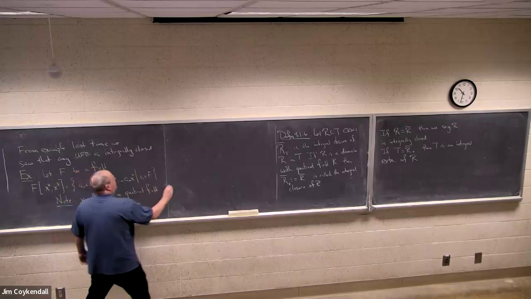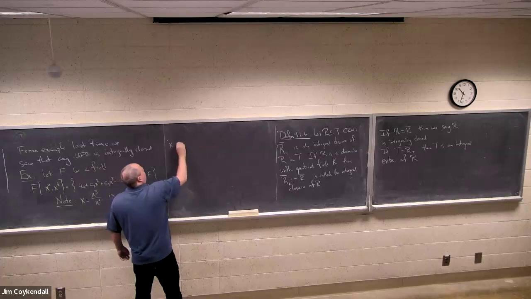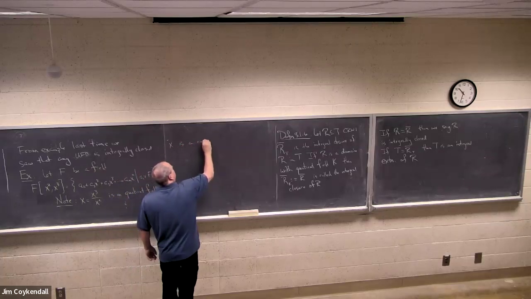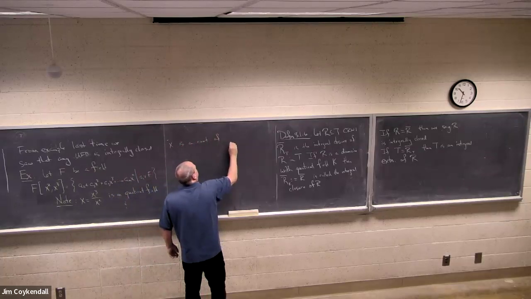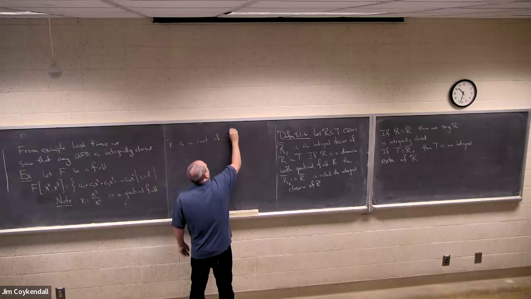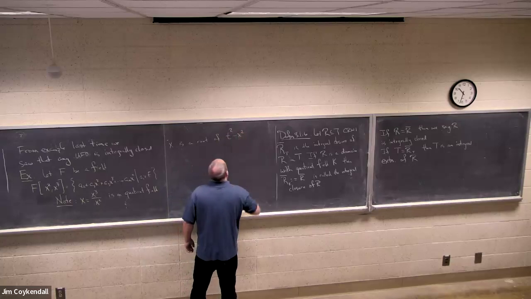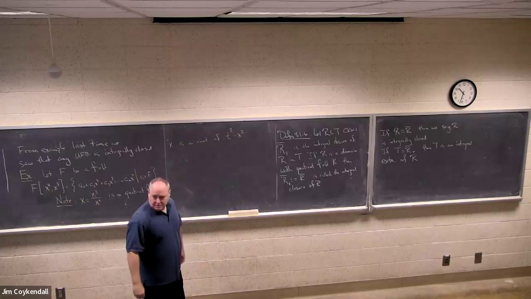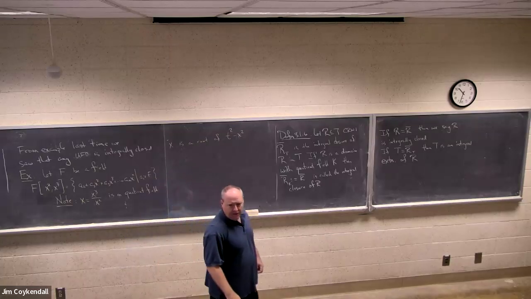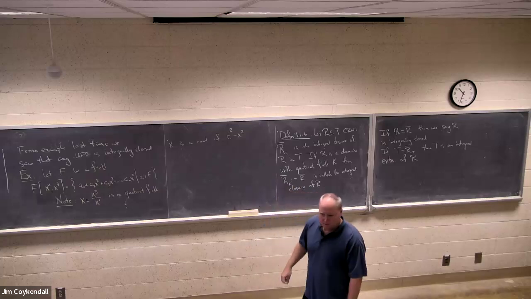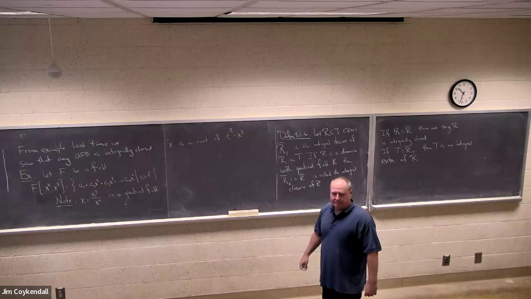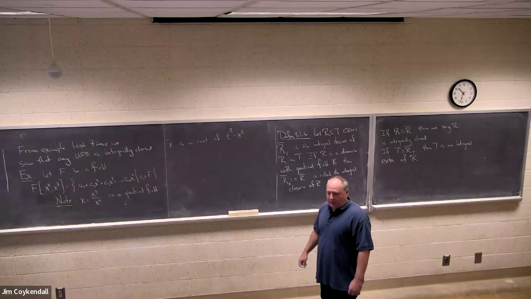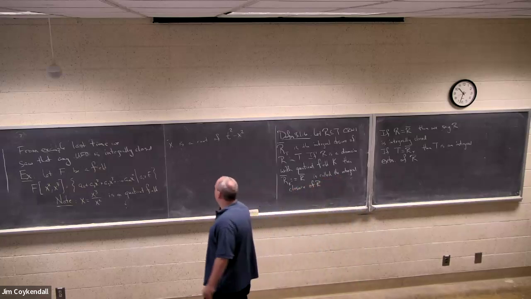And x is a root of the polynomial t squared minus x squared. It's the root of a lot of things, t cubed minus x cubed, and so forth. So, observation one.